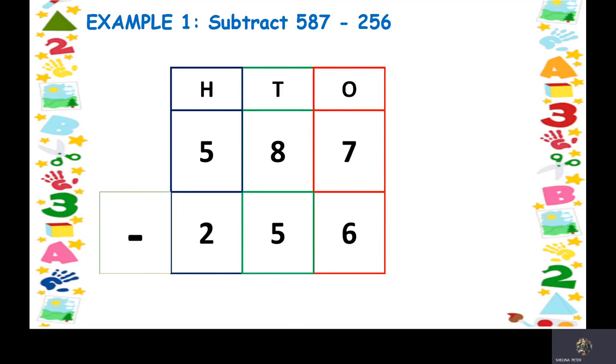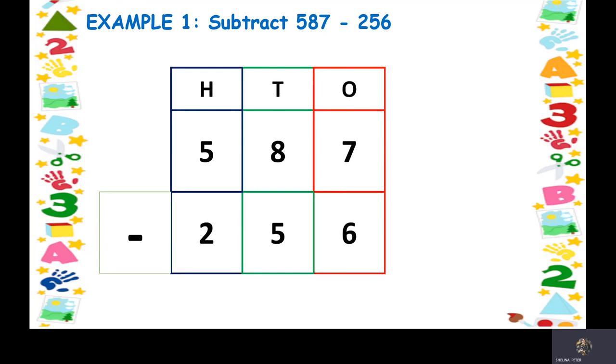Now we are going to subtract the numbers from the ones place. So remember, always count from smaller number to bigger number. As we can see, smaller number is 6, bigger number is 7. So let's count. We'll get 1.